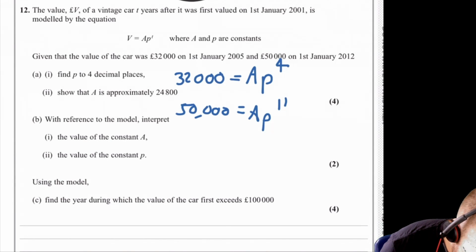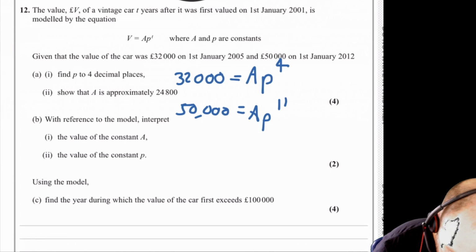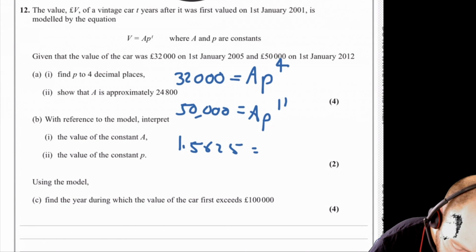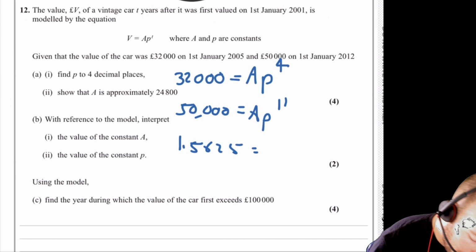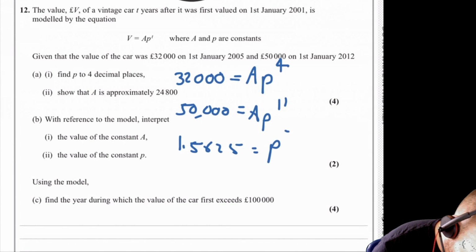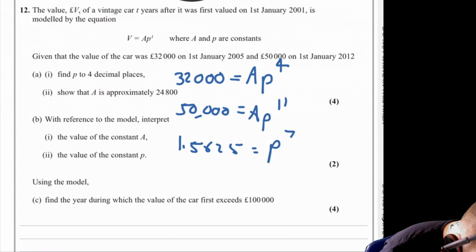Right, now I can divide these to solve them. So 50,000 divided by 32,000 gives me 1.5625. A divided by A is going to cancel. And P to the 11 divided by P to the 4 is going to give us P to the 7.